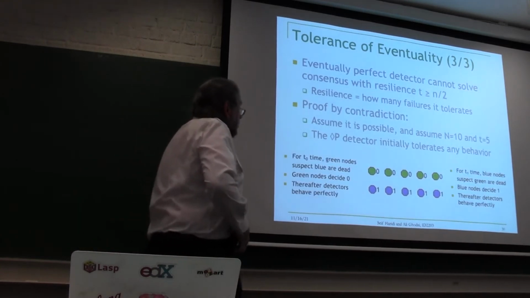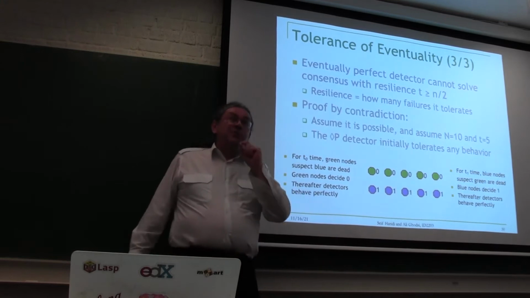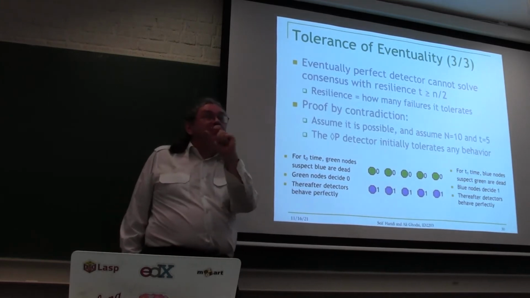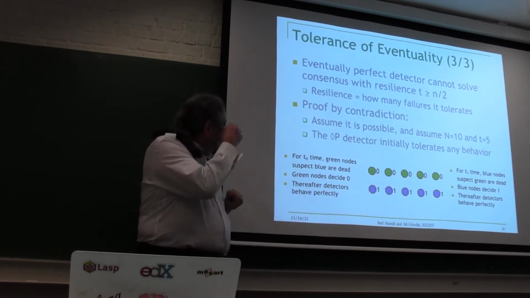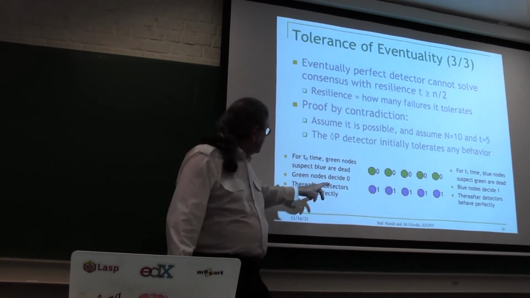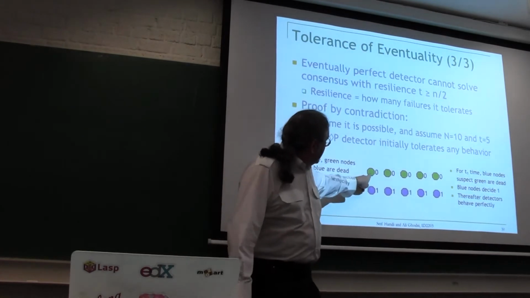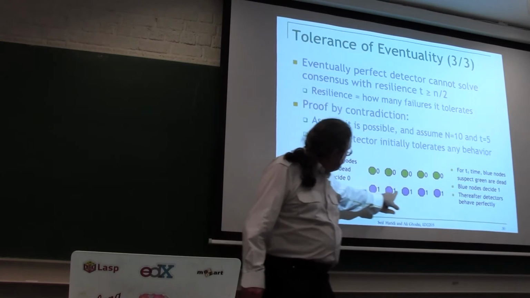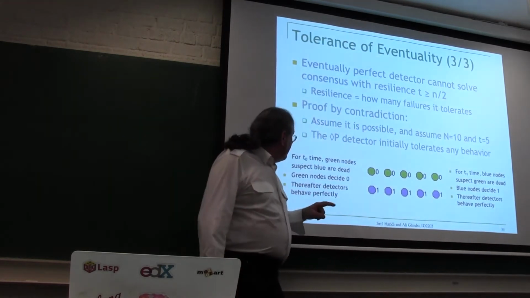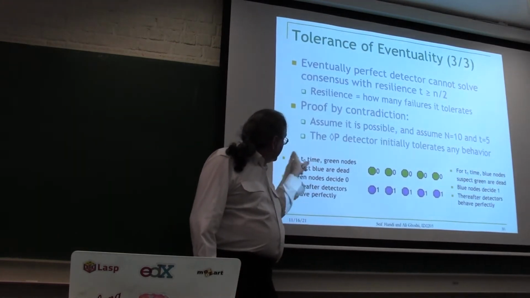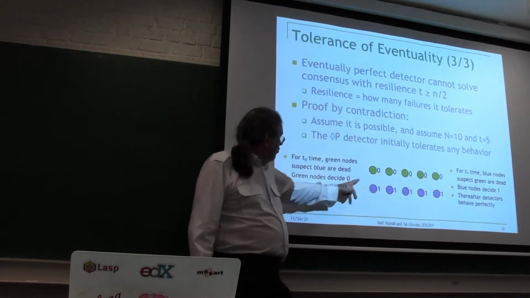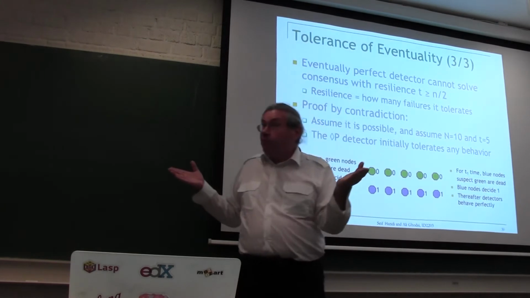We're going to now assume that the detector is making mistakes, but in a certain way. We're going to assume that the green nodes will incorrectly assume the blue nodes have failed for enough time that the algorithm will give a result. So that means the green nodes will decide 0, like before.